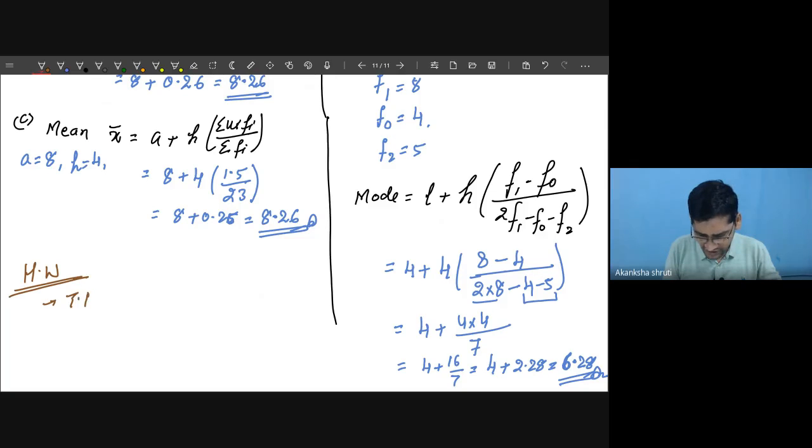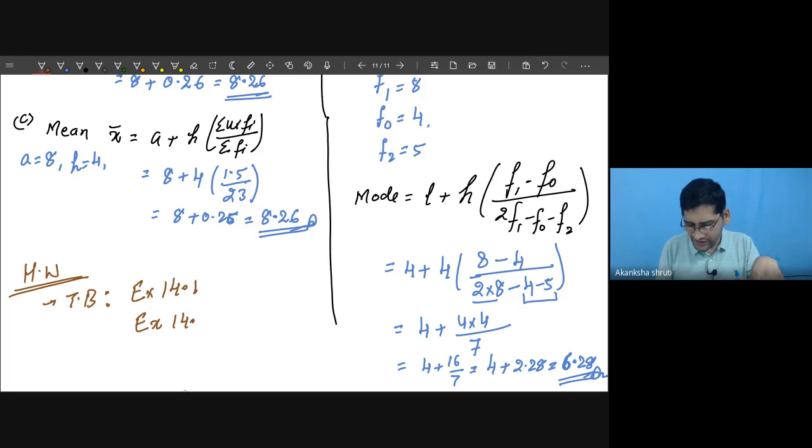In our textbook, student, please finish exercise 14.1 by the other two methods wherever required. Wherever the question says to calculate by step deviation or another method, do it by that method. You should also be able to do exercise 14.2, which is based on this mode.